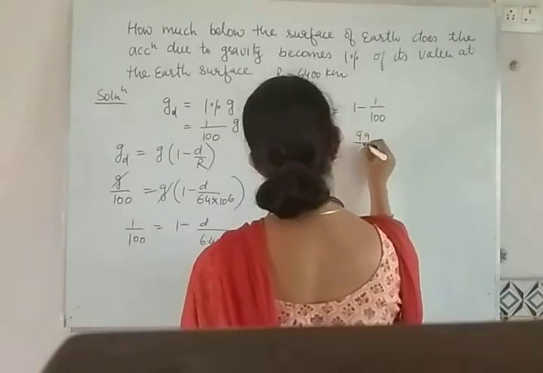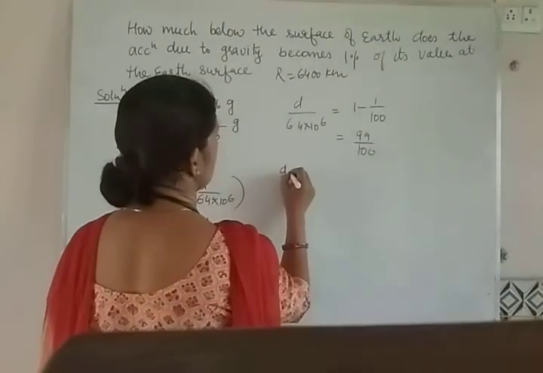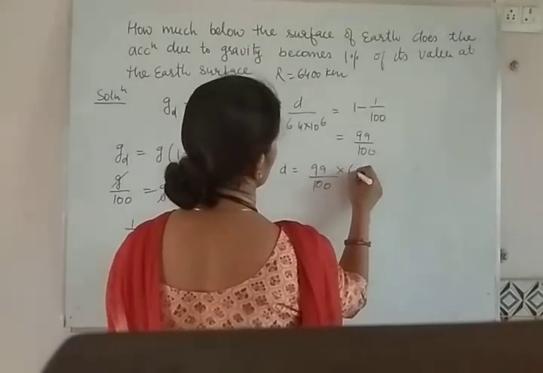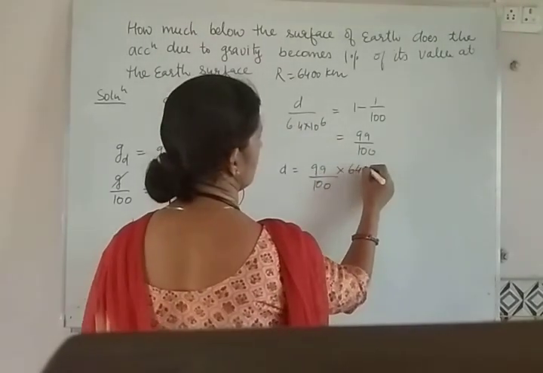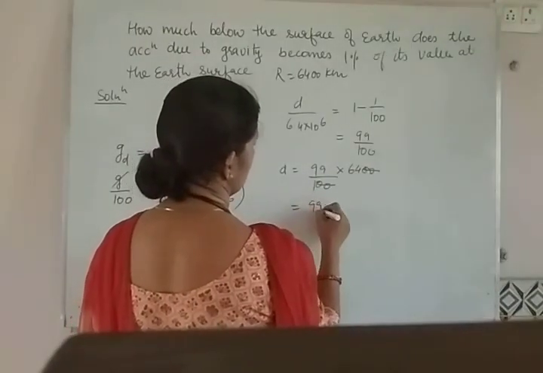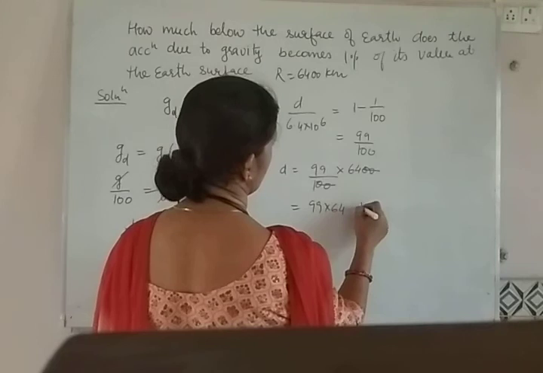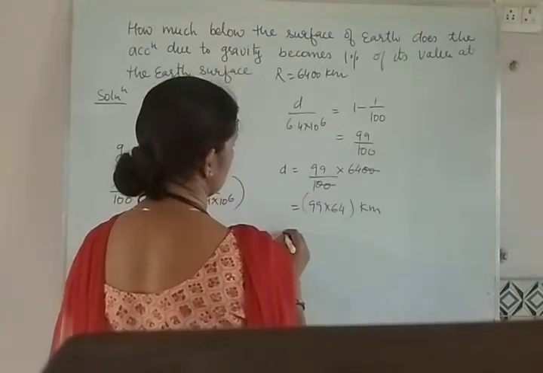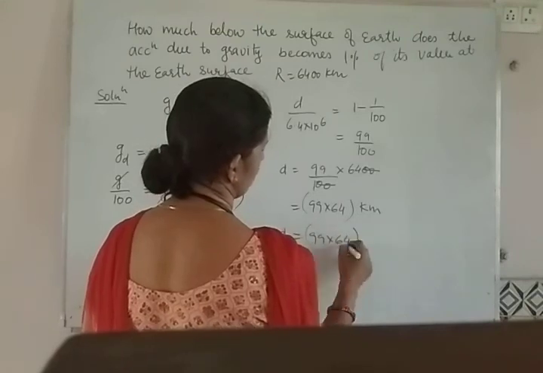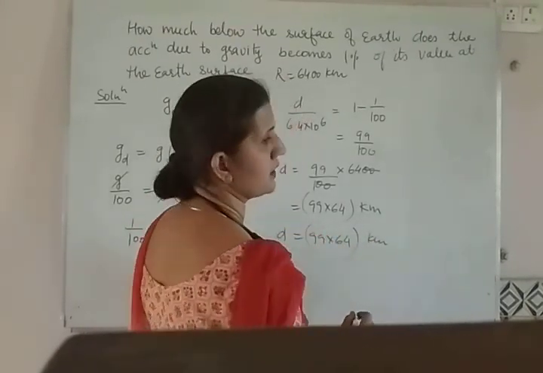This is 99 by 100, and d is equal to 99 by 100 into 6400 kilometer, or you can keep it as it is. So this will be 99 by 100 into 6400 kilometer. Solve this value. Below this depth the value will be 1% of the value at the surface.